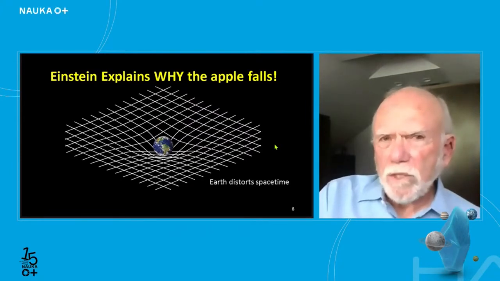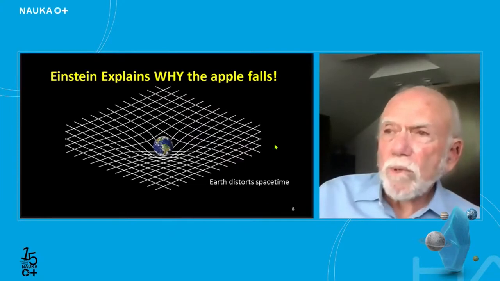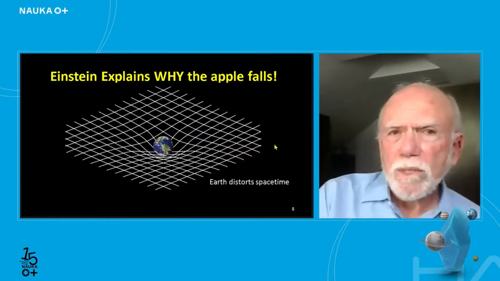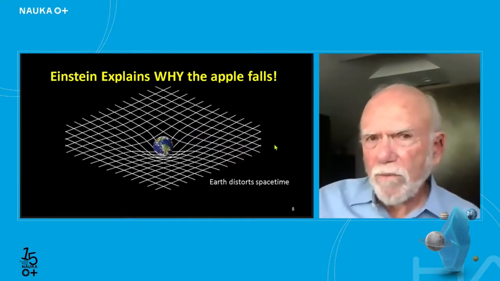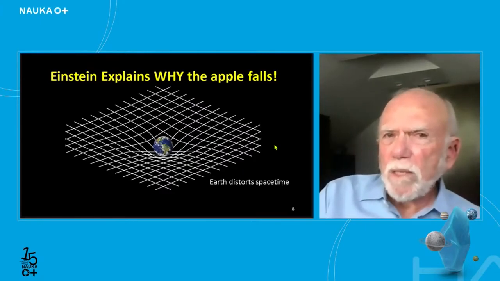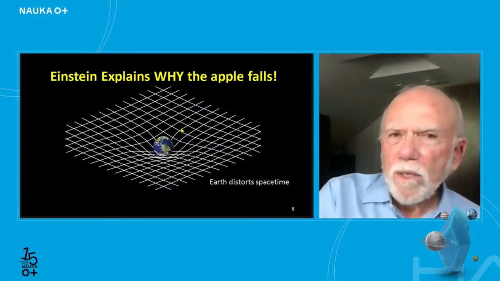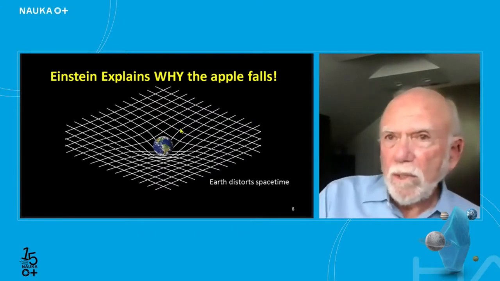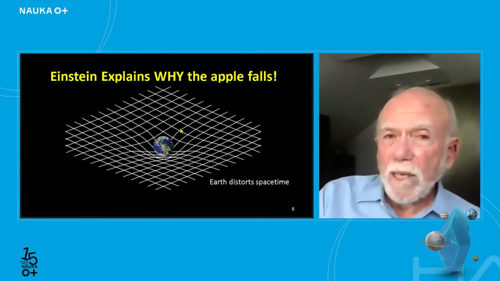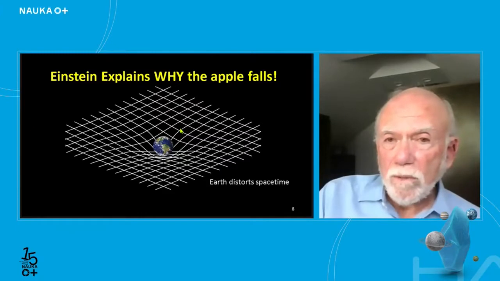It's shown in this little picture here. In Einstein's picture, any massive object distorts the space around it. So you can see the space, which would normally be flat here, is distorted by the presence of the Earth. If I put then an object near the Earth, it'll roll toward the Earth. That's equivalent to the apple falling out of the tree or the pull on the moon by the Earth as it's going around the Earth.